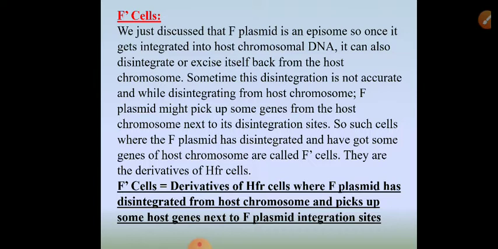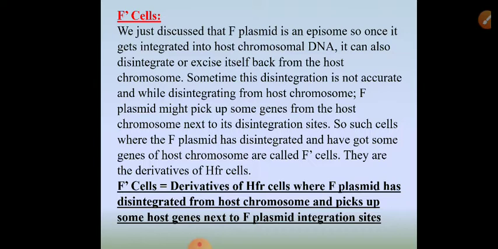Such cells where the plasmid has separated and carries some genes of the chromosome are called F prime cells. They are derivatives of HFR cell. F prime cells are formed from HFR cell, and F prime cells also serve as donors.